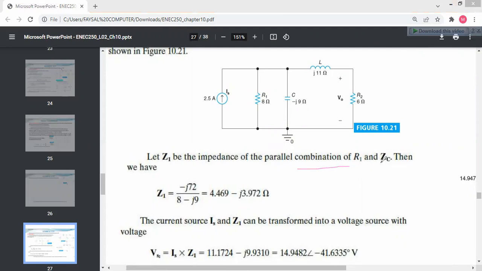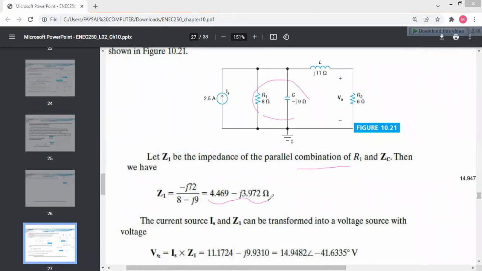So here is R1 and ZC. R1 is basically 8, and with respect to this, my Z1 will be equal to 4.469 minus j3.972.